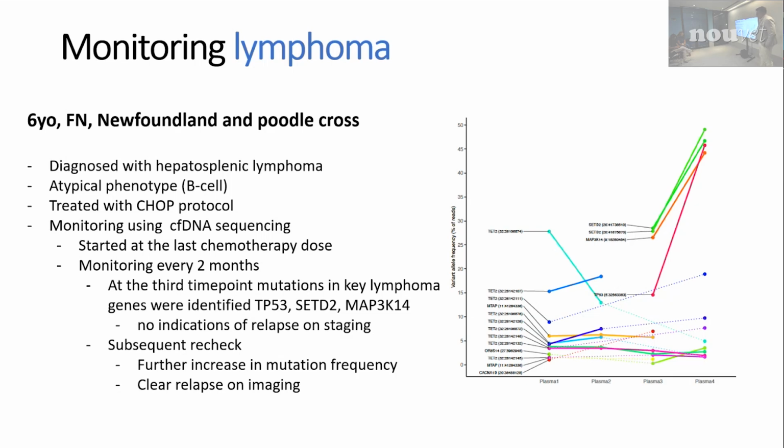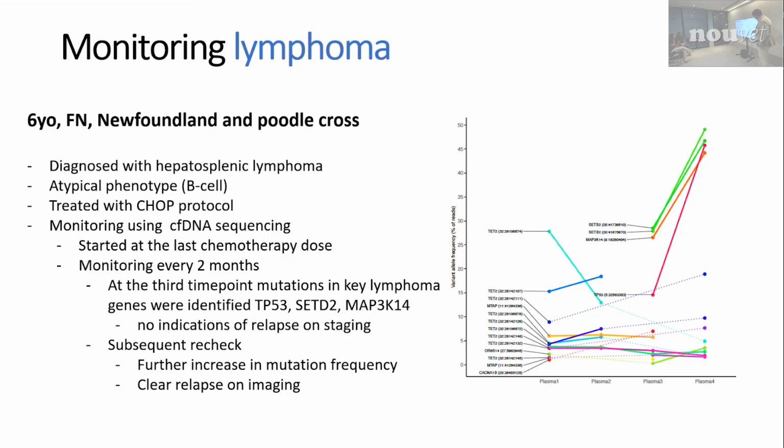And at the third time point, from a clinical perspective, the dog doesn't have any signs of relapse. But what we found is there are some mutations in here, TP53, SETD2, MAP3K14, that are classically found in mutations in dogs. Suddenly we didn't see them before, and suddenly we started to see those mutations. So we called the vet to say, hey, molecularly, it's probably coming back.